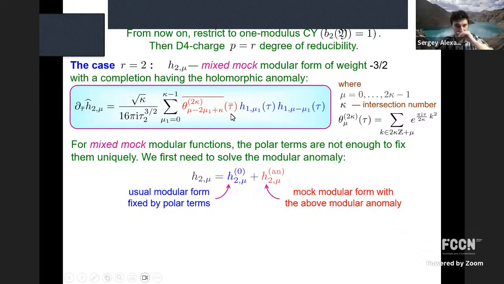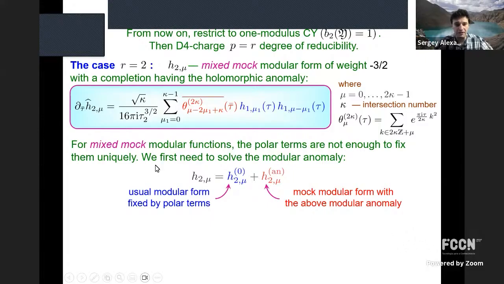Well, the problem compared to the previous case of irreducible divisors is that there, you remember, if you compute polar terms, you fix completely the function. Here, this is not true anymore, because there is this modular anomaly. And for mixed mock modular forms, polar terms do not fix the function uniquely. But they do this if you first solve the modular anomaly.